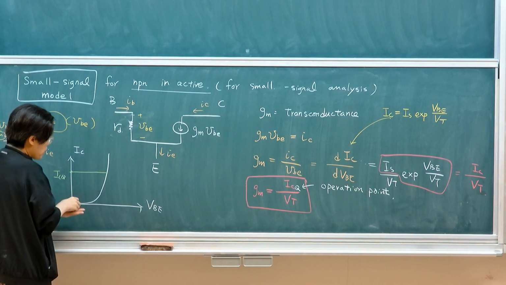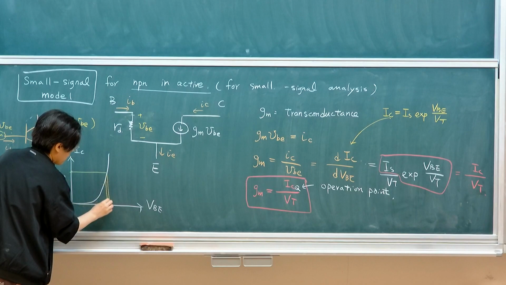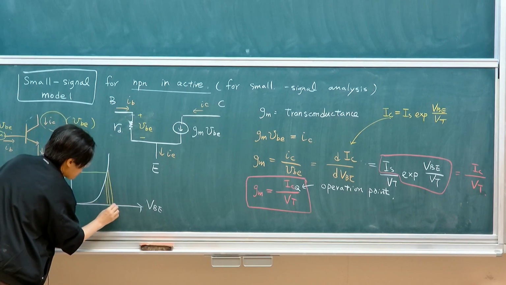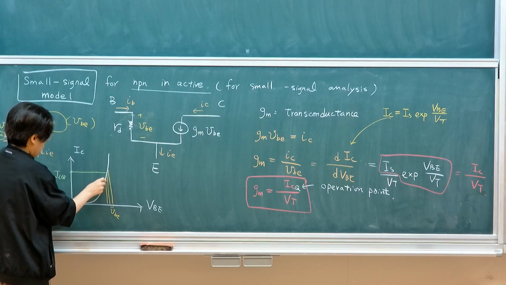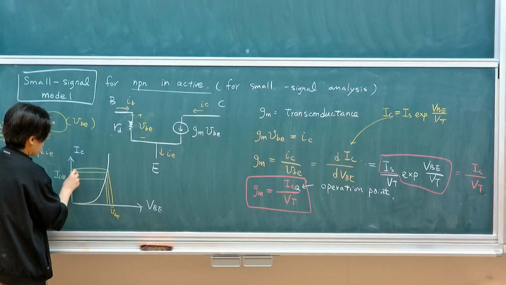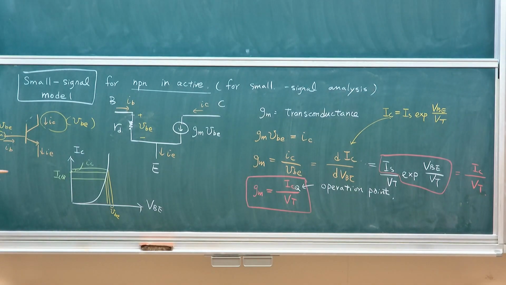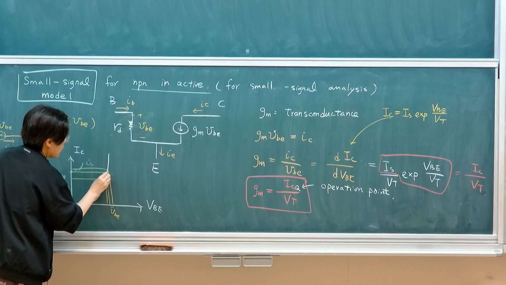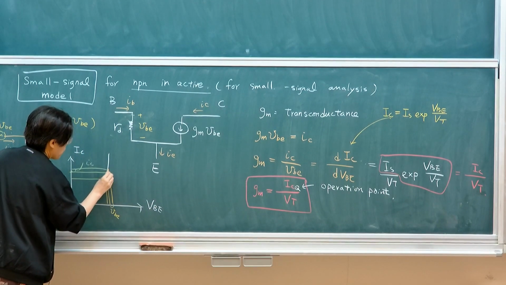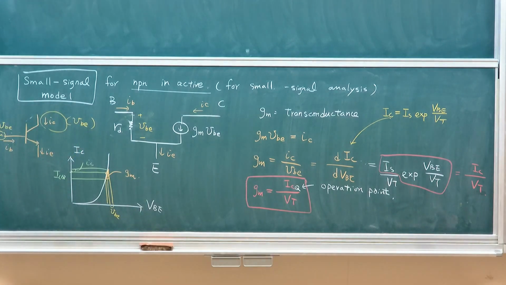And at this particular point, if I'm changing this, this is my small signal changes and corresponding changes in current, will then refer to as that. So the slope itself in this plot, at this particular point, will then be GM at this operating point.